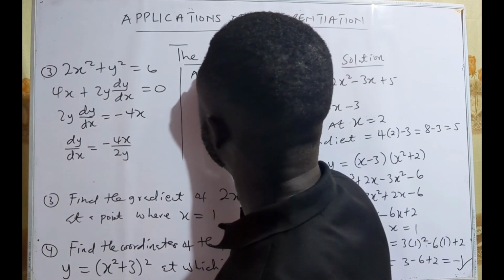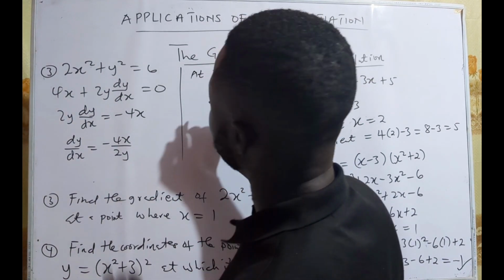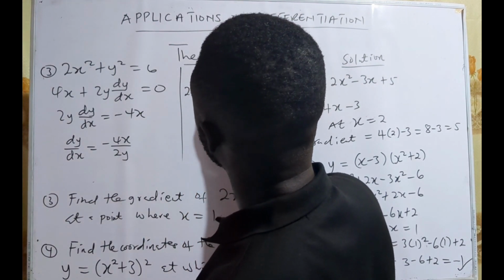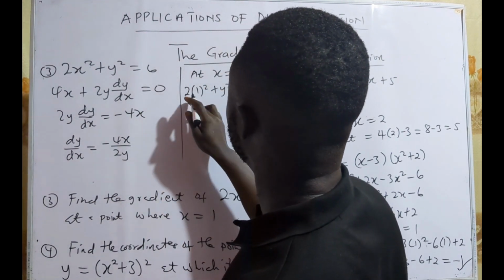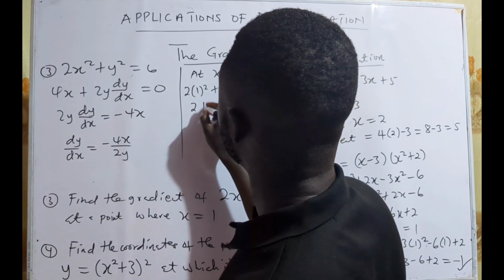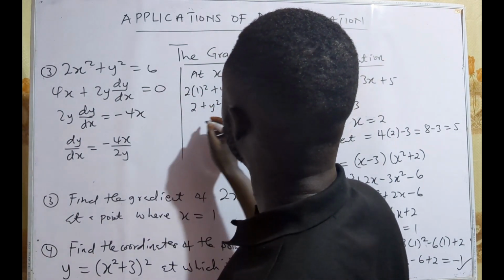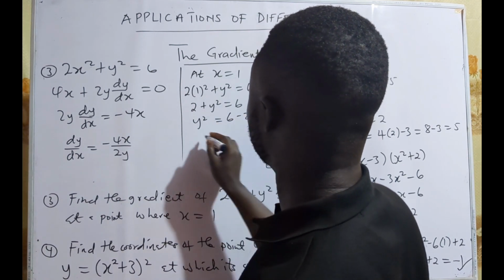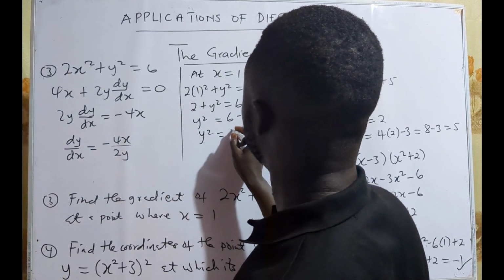At x equal to 1, we have 2 times 1 squared plus y squared equal to 6. 2 times 1 squared gives me 2, so my y squared is 6 minus 2, which gives me 4.